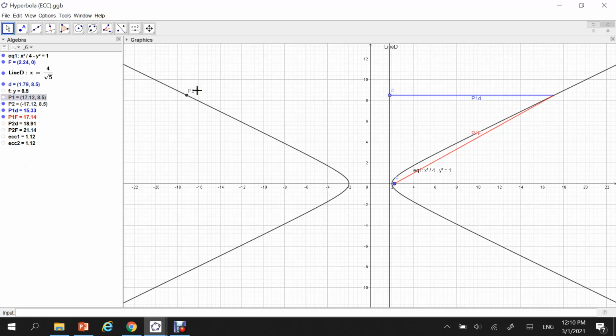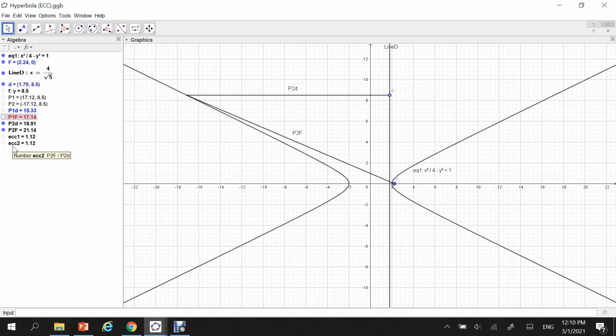So I'm going to choose a point that's on the left arm, and I'm going to connect this point P2 to my fixed line D and to my fixed point F, and then I am going to calculate the eccentricity denoted by ECC2.